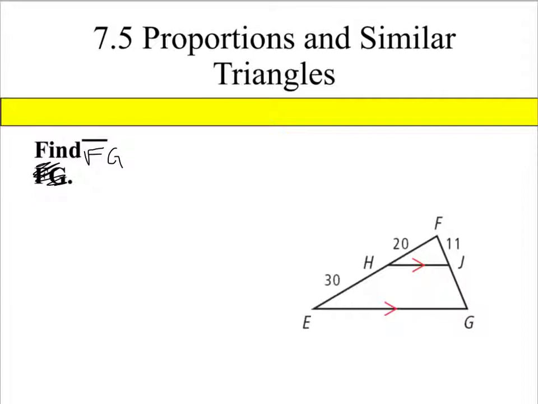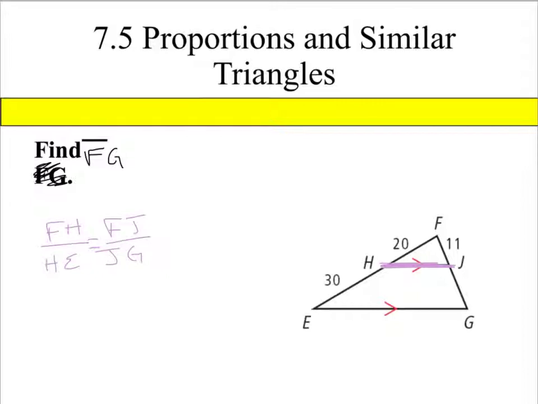When you look at this, you have to set up a proportion first. According to the triangle proportionality theorem, because we have those two lines parallel, that allows us to create a proportion. So we create a proportion of FH over HE, and FJ over JG.